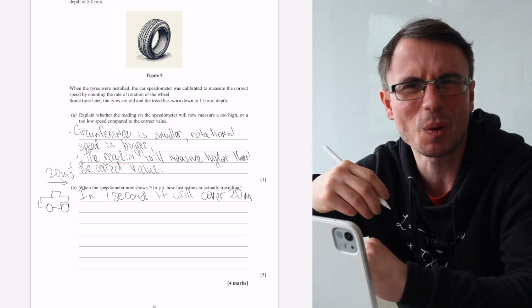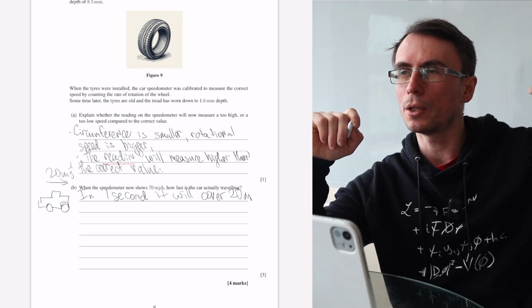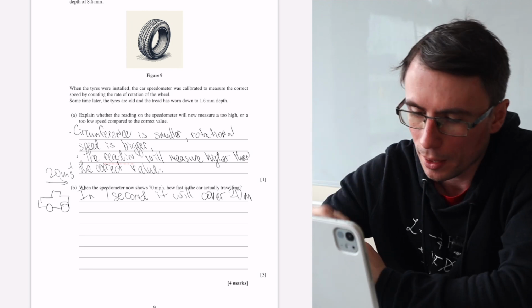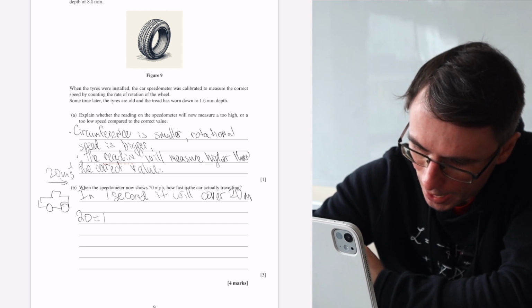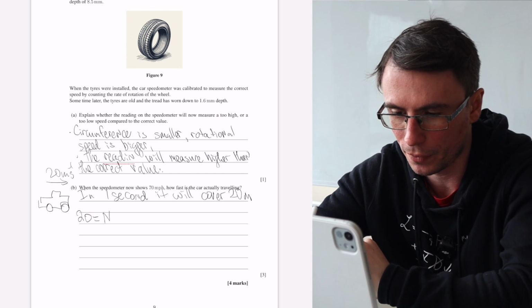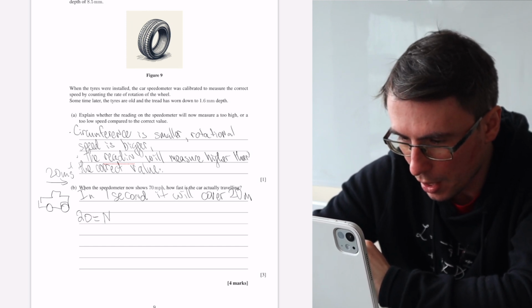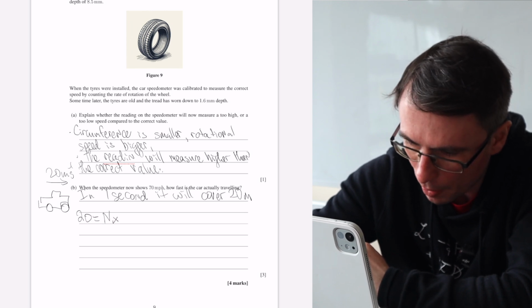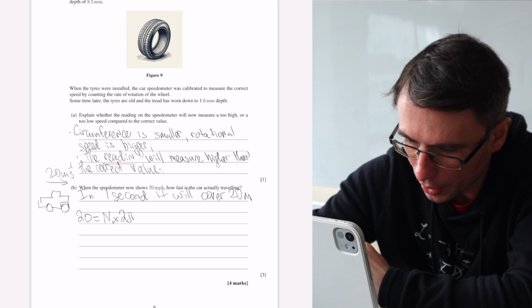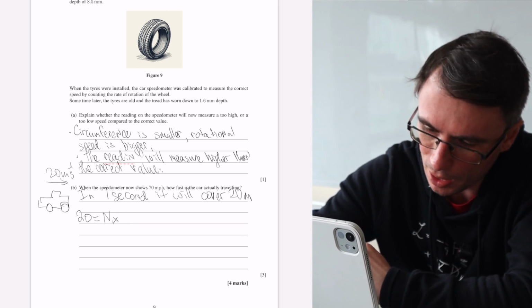I think that is actually quite fast. We should probably be traveling slower. Assuming there is a no slip condition, then 20 meters is going to be n times the circumference of the wheel. So 20 has got to be the number of rotations multiplied by 2 pi r, or we can even just say pi times the diameter.